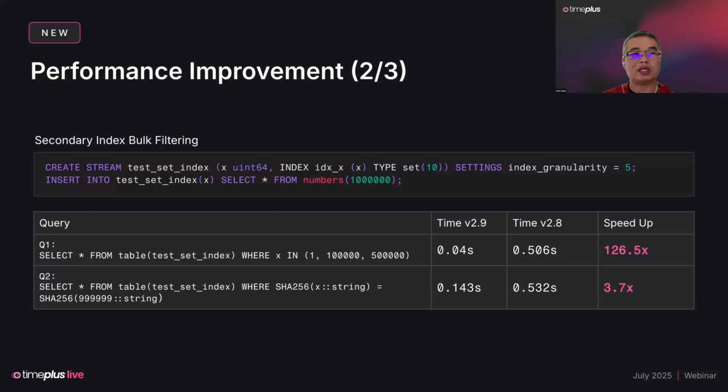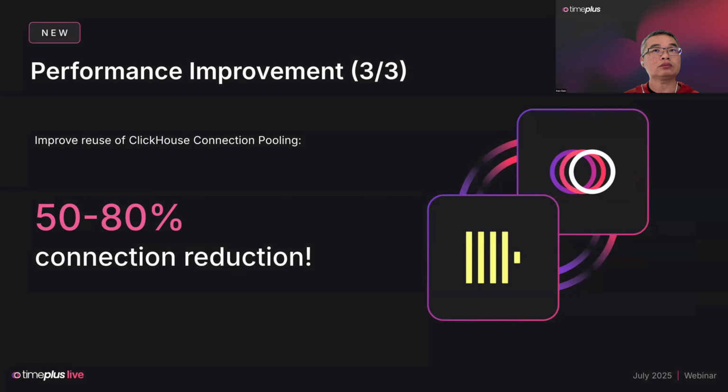For the first query, like the is in, this can use the secondary index to prune the data. It has more than 100x speedup. And for the second one, which is a table query as well, the speedup is like 3.37x, which is significant as well. So the system is becoming more performant and efficient as we go.